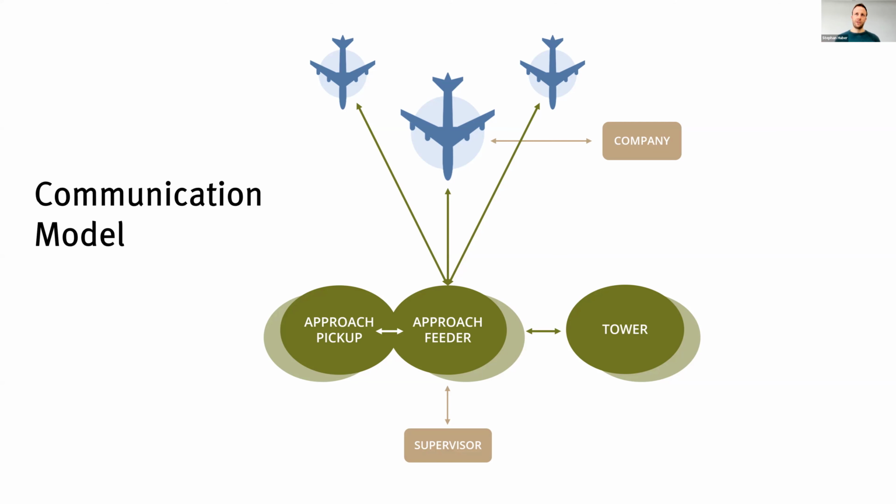All arrows that you can see in this visualization are communication indicators. For instance, the communication with pilots is mostly via radio, but among other colleagues on the air traffic control level or also with supervisors, communication is often via phone or squawk box. So again, our highlight was the approach position in the feeder here.